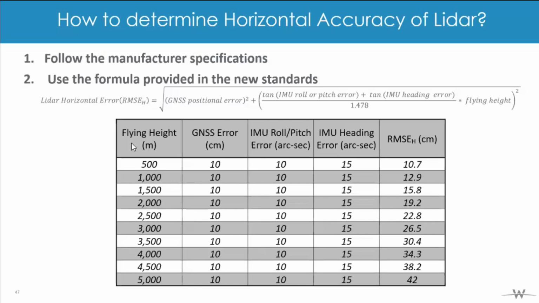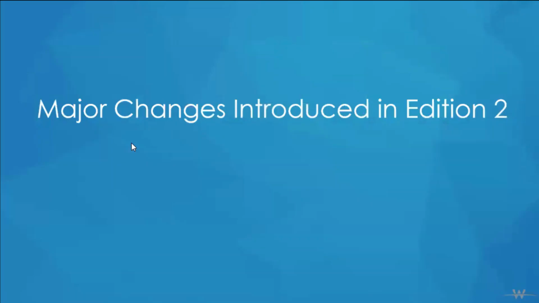You can use that or use the ASPRS standard. This is a very accurate formula. We checked it with the tools used by two of the main manufacturers and it is almost identical with all their modeling of error. So it is a reliable formula. You can use either way to express the horizontal or predicted horizontal accuracy.